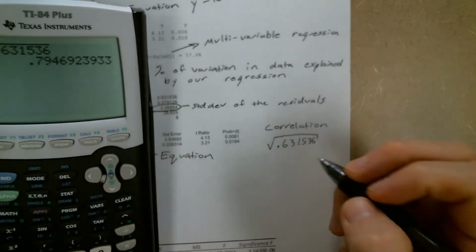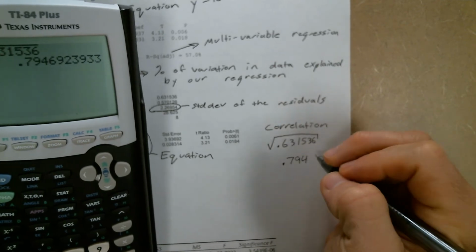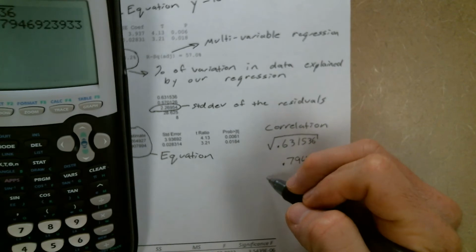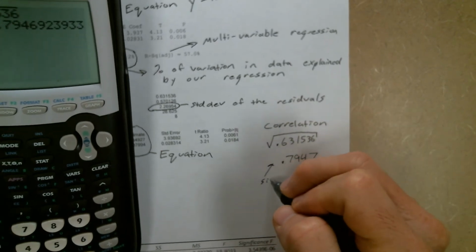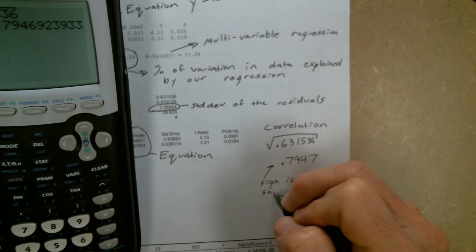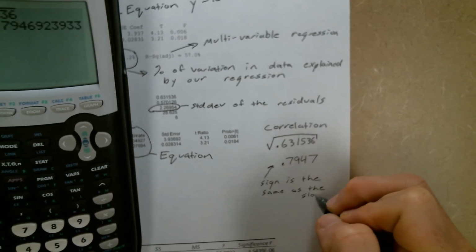I would get 0.7947. All right. And then the sign is the same as the slope.